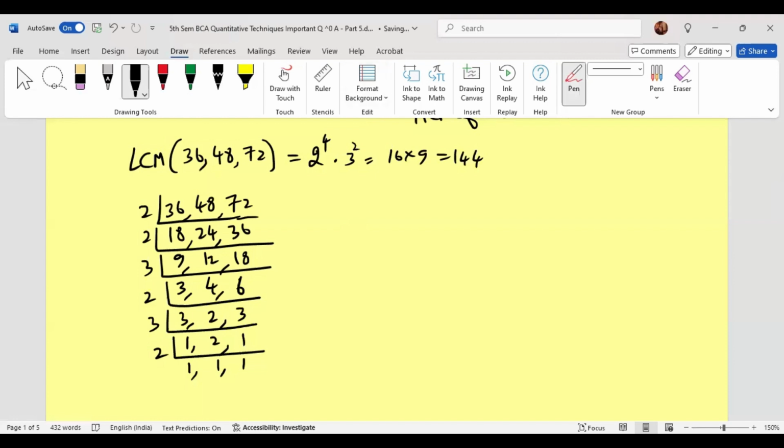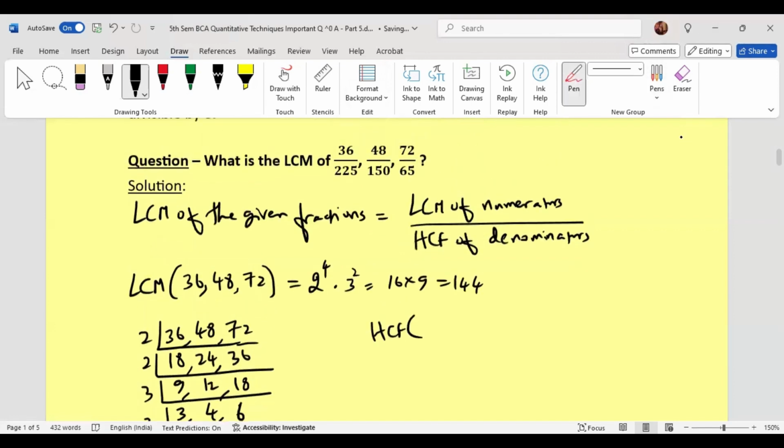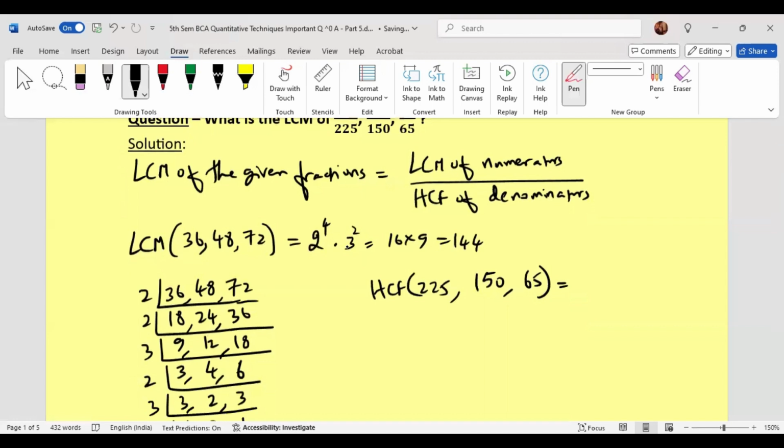Now we need to find out HCF of the denominators. Denominators are 225, 150, 65. So for that, we will factorize each one.